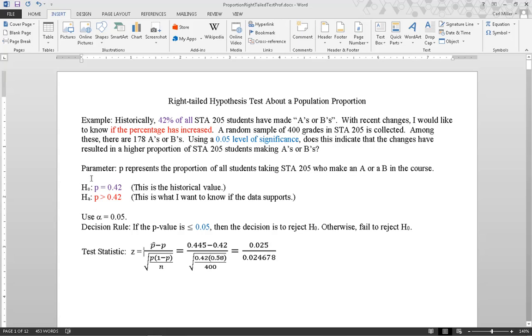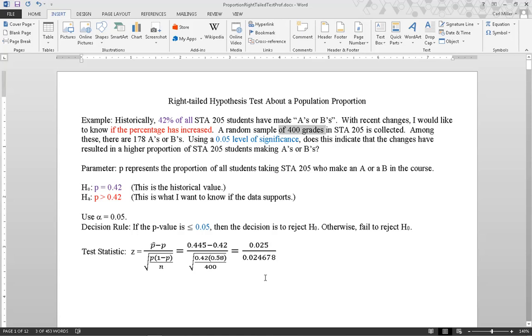So what we're doing is taking this value from H sub 0 and substituting 0.42 for p. In the denominator, underneath the square root, we have the proportion 0.42 times 1 minus that number, which would be 0.58, then divide by the sample size of 400. Remember, we took a random sample of 400 grades of students.